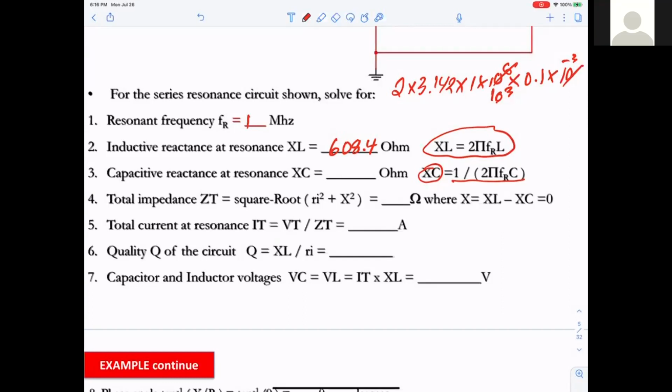The same thing as the inductive reactance, the same value, exactly. The thing is, they said at the resonance frequency XC and XL are equal, only opposite.